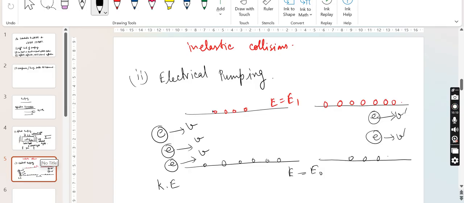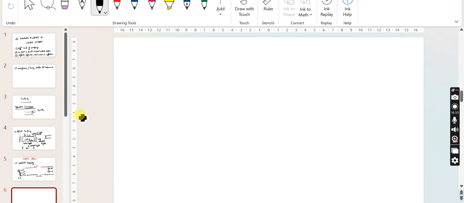These optical and electrical pumping are the most popular pumping schemes in the field of laser. But there are other kinds of pumping schemes that are not popular, but are very particular to certain lasers, and we can use them. One is gas dynamic pumping.